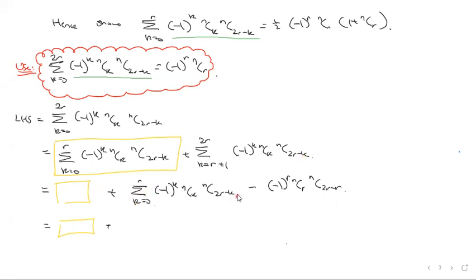And if you do a comparison, this is the yellow thing as well. In other words, we're going to have 2 times the yellow thing minus that. Now, 2r minus r is just nCr.